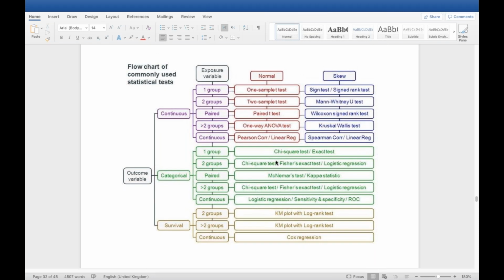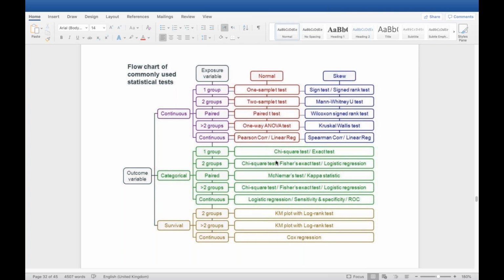So just to start explaining this flow chart, before my exam, I kept this photo on my mobile just to have a look at it before I went to the computer to start my exam, okay? Because it's very, very difficult to remember which statistical test is suitable for this type of study, okay?